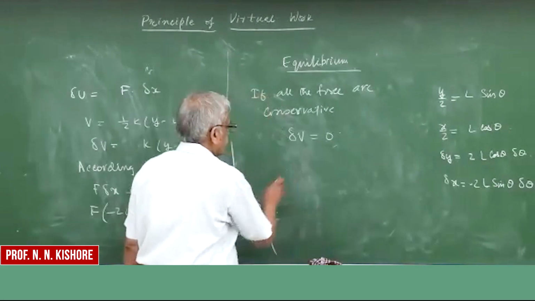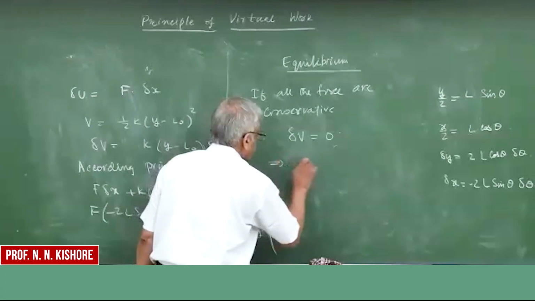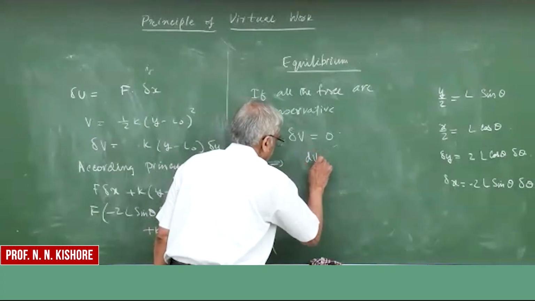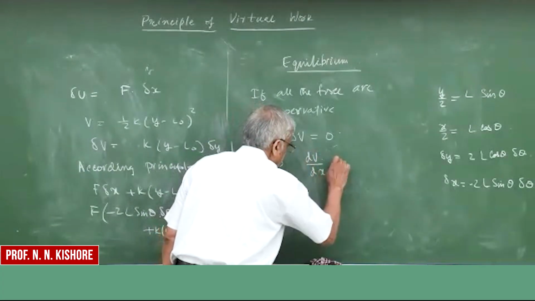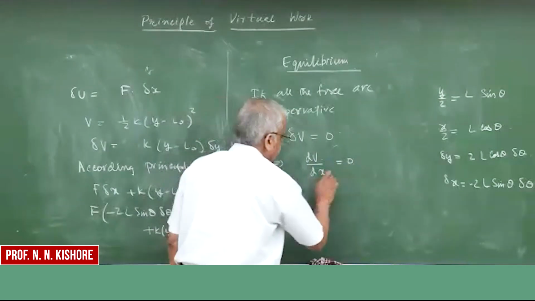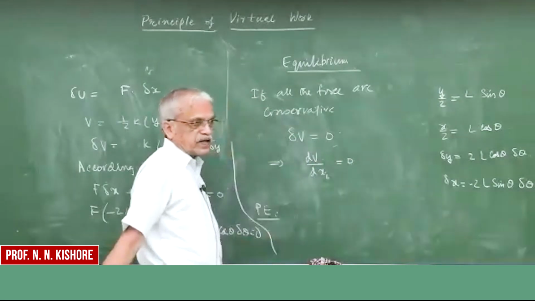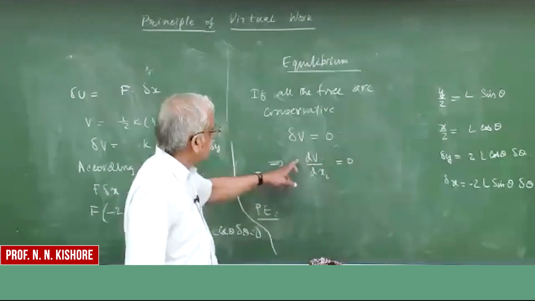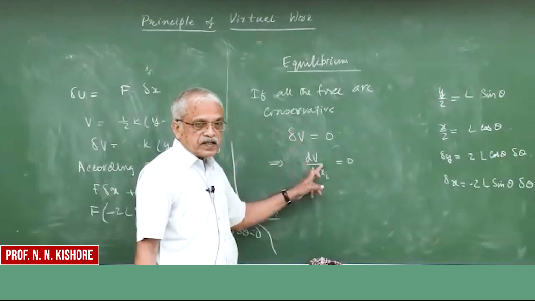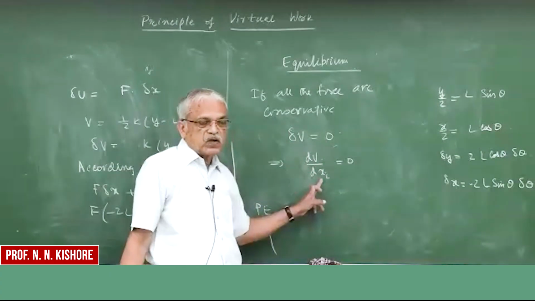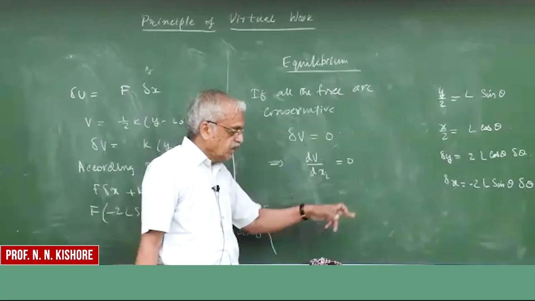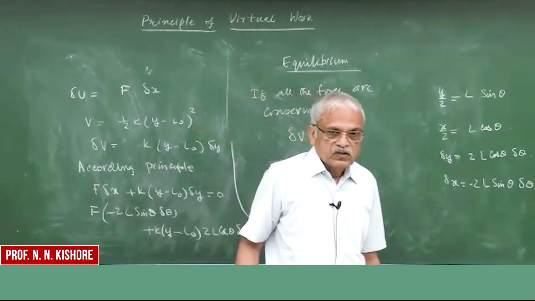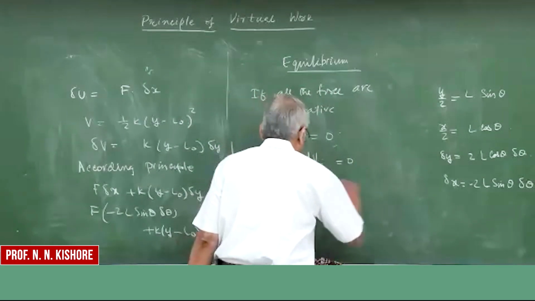So what we can also say here is equivalent to dV by d x i equal to 0, where x i is a degree of freedom. So that means that at equilibrium, the potential energy change for any small change in the degrees of freedom will be equal to 0. So there is also another offshoot of this.